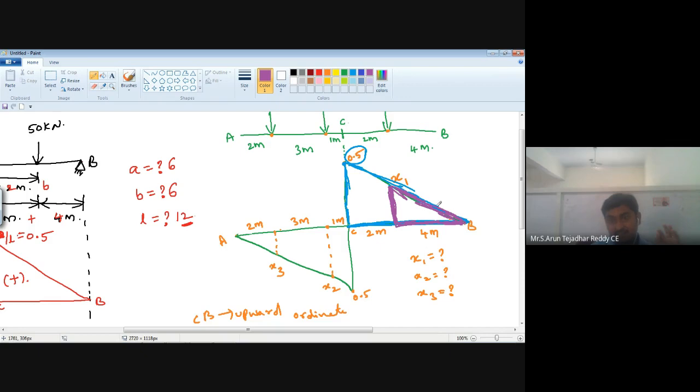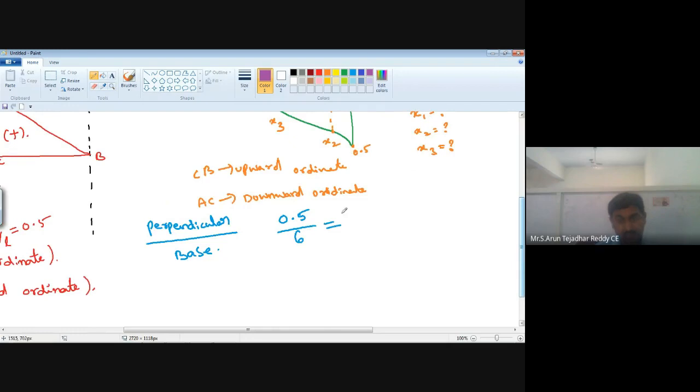In this triangle, the perpendicular is x1, and the base, from this point to this point, is 4 meter. It means x1 by 4. Now from this, what is the value of x1? That is 1 by 3.